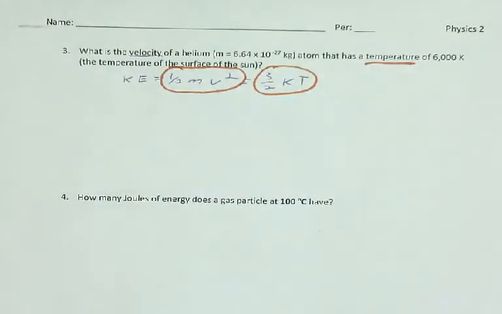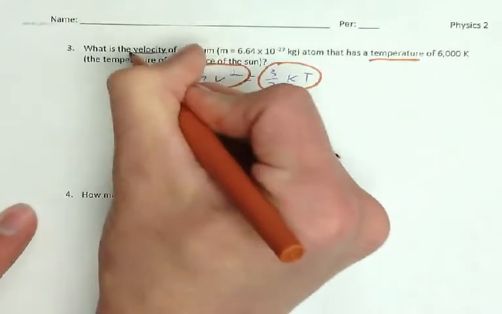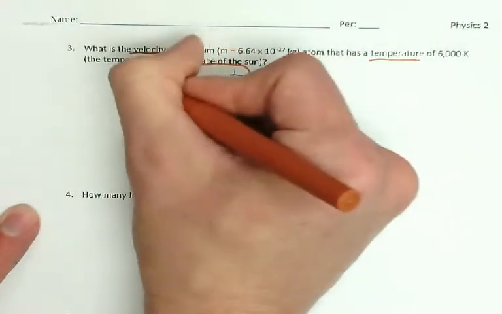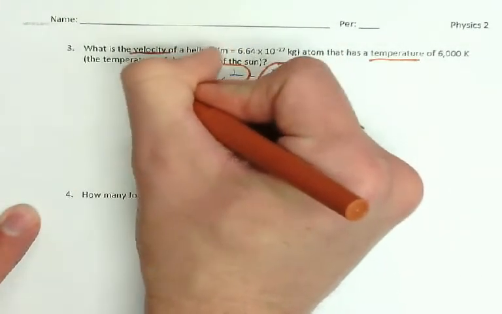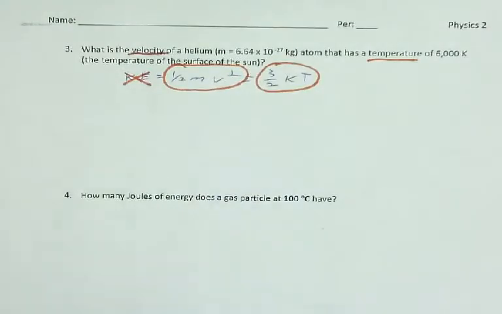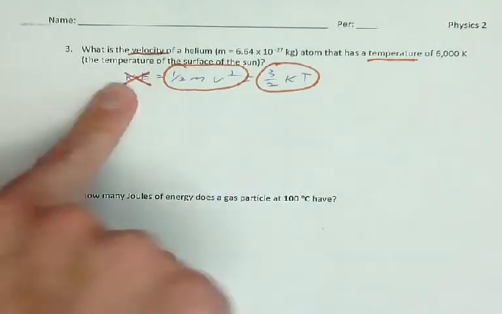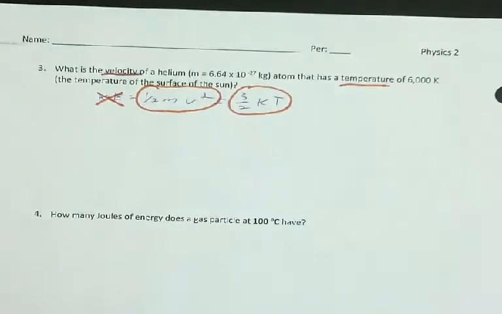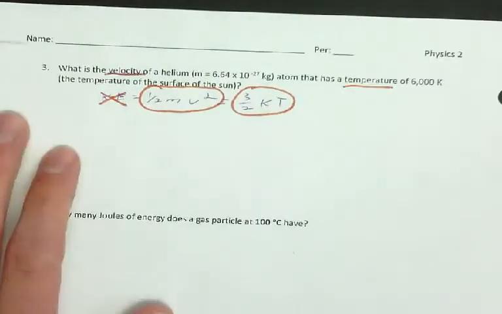Okay, so it talked about velocity, it talked about temperature, it did not talk about kinetic energy. So this is what I do on this problem. I cross out kinetic energy, and I solve this. 1/2 mv squared equals 3/2 kT.